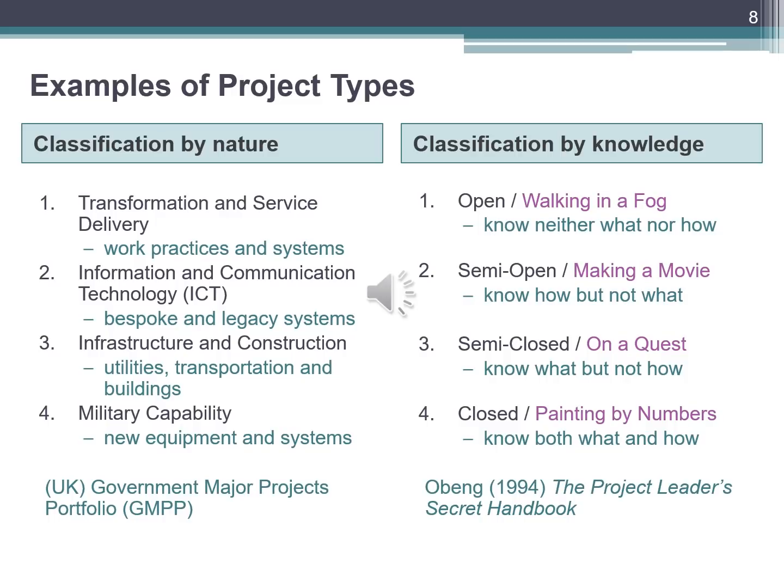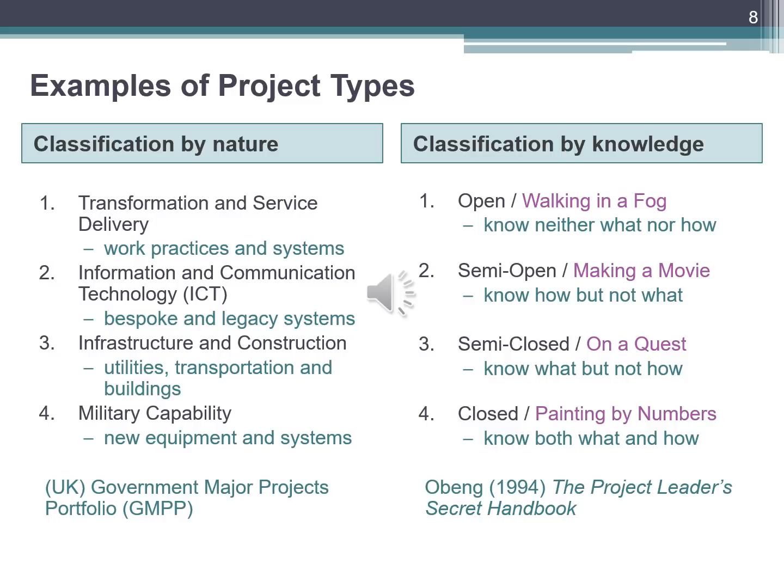Obank in 1994 suggests the classification of projects into four types depending on how much you know about what you wish to achieve and how sure you are about how you are going to do it. In open projects, you are unsure of what is to be done and how you are going to do it.